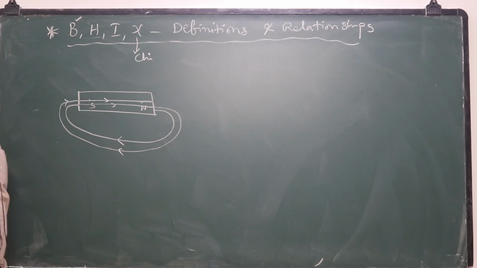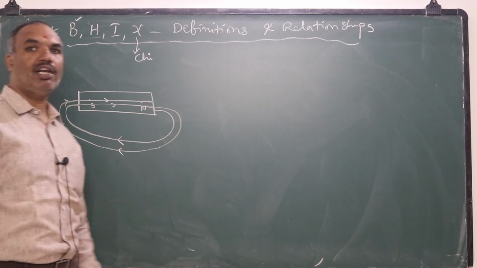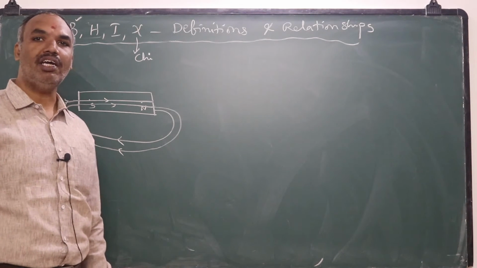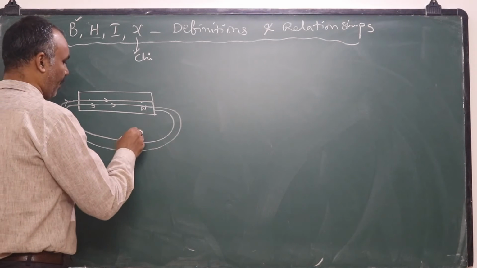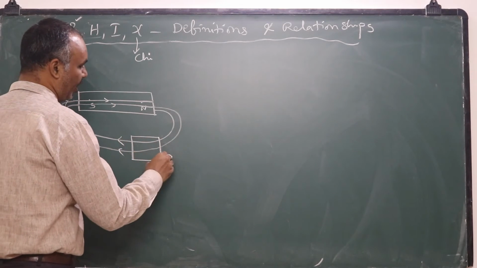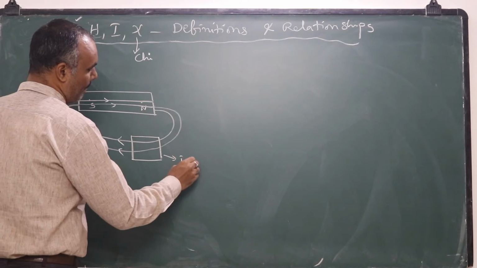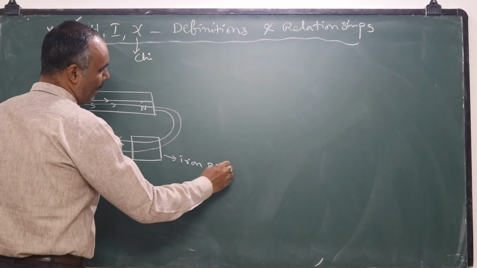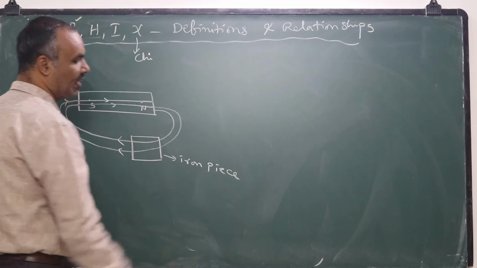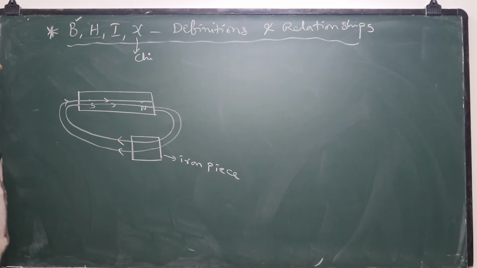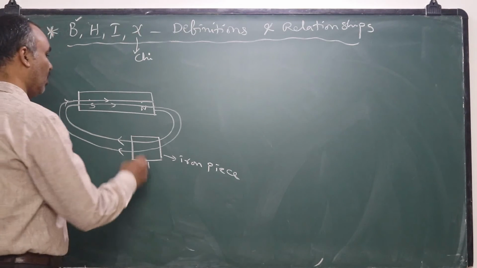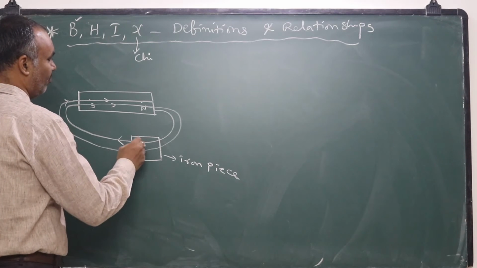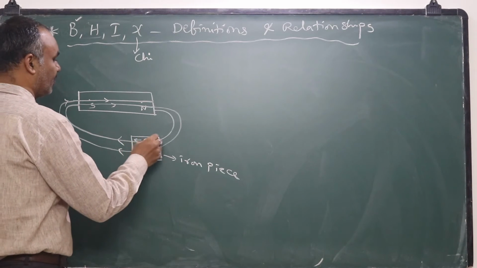If I take a piece of iron, unmagnetized material means the material in which atomic magnets are randomly distributed. This iron piece I am going to keep here. Unmagnetized. As these lines of force pass through this, all the atomic magnets will align themselves like this.